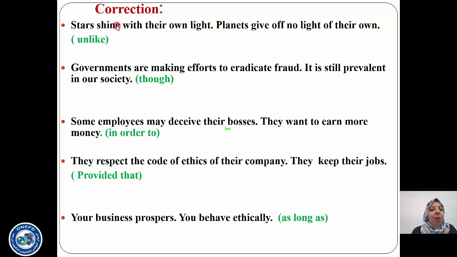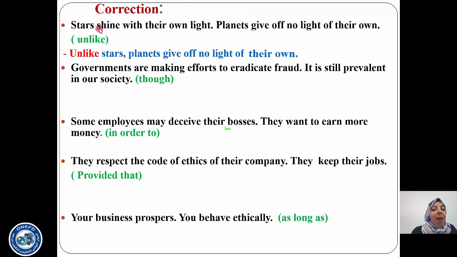Okay, it should be used before a noun phrase. So we need to make certain changes. The sentence should be, "And like stars," okay, the first element in this comparison, comma, "planets give off no light of their own." You keep all the sentence as it is. Or, "And like planets," comma, so you remove all this part, "stars shine with their own light."